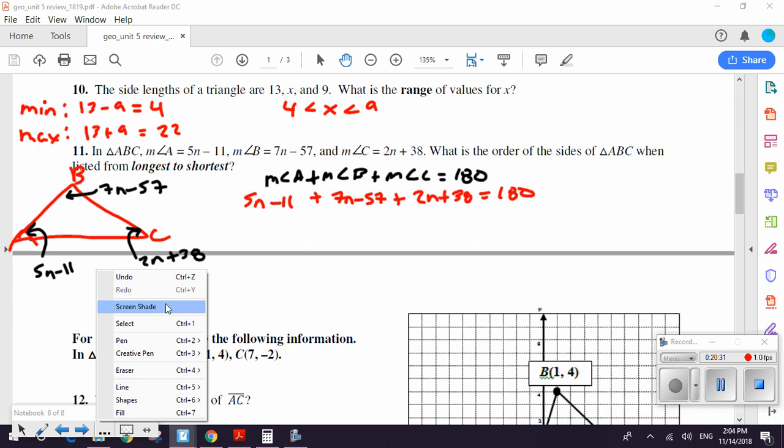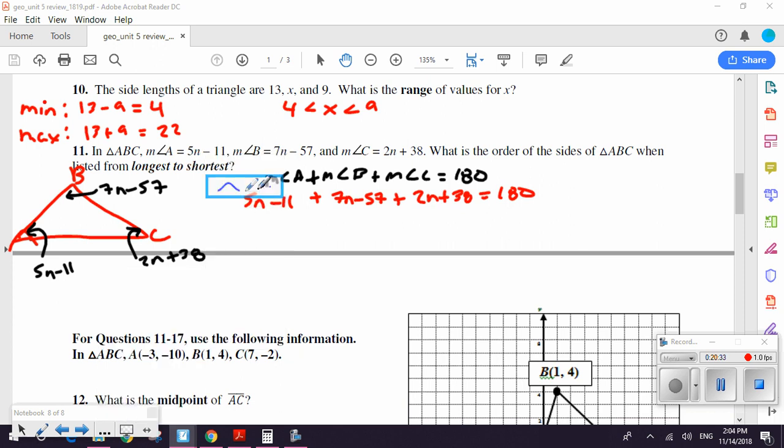Combine your like terms. 5n plus 7n, that's 12, plus 2 more is 14 n's. Negative 11 minus 57 is negative 68, plus 38 should be a negative 30.